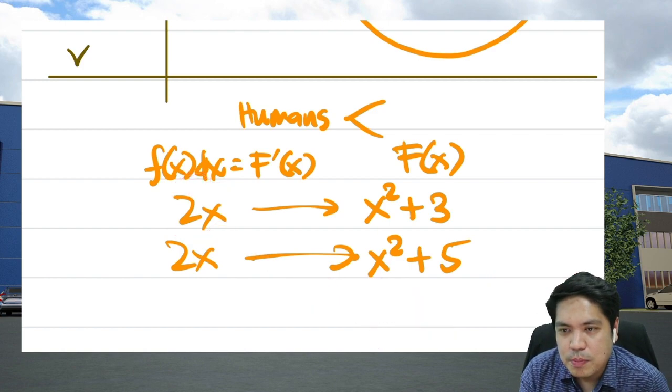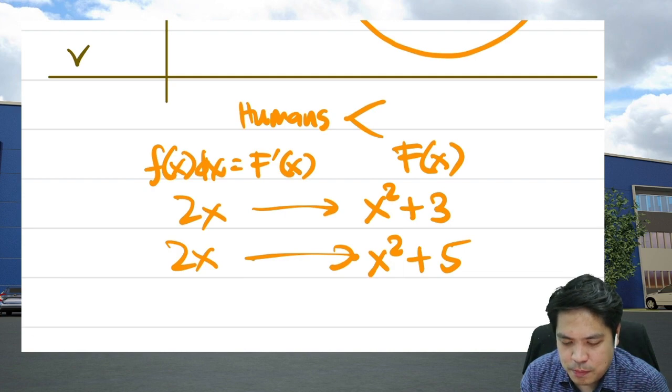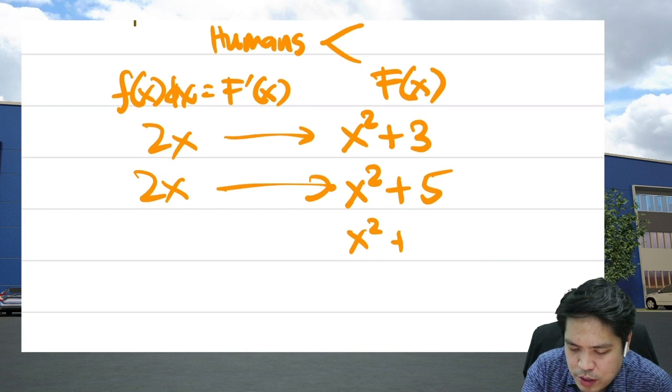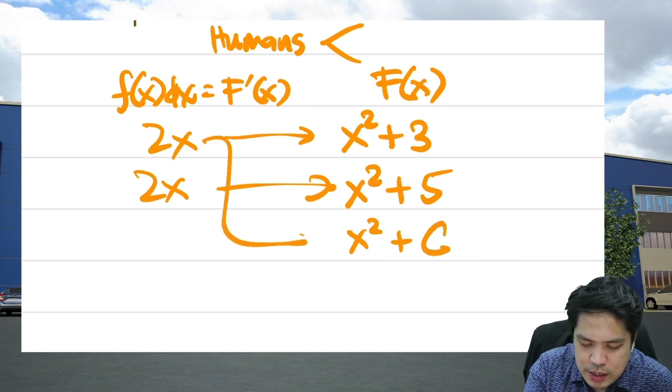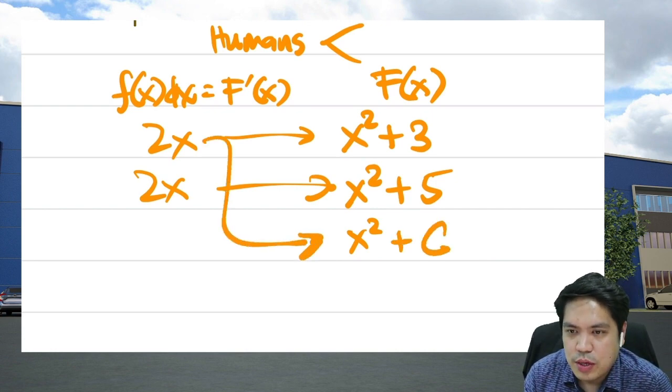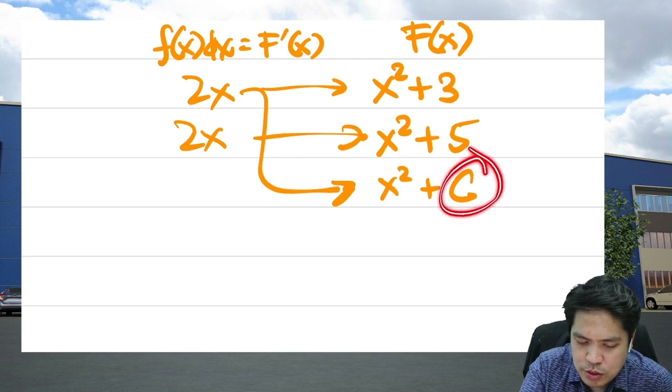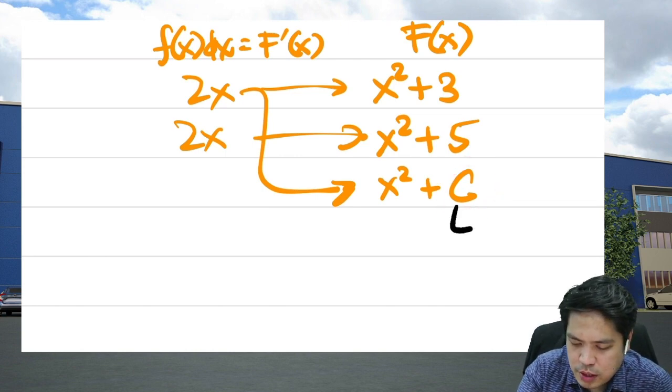So there are many possibilities, right? Therefore, if we generalize this, we'll have x squared plus c. That is the integral of 2x.